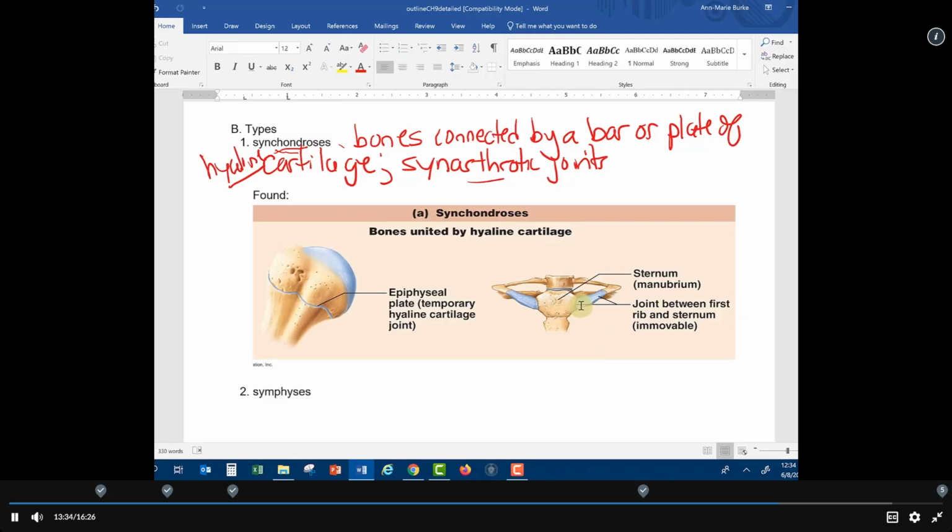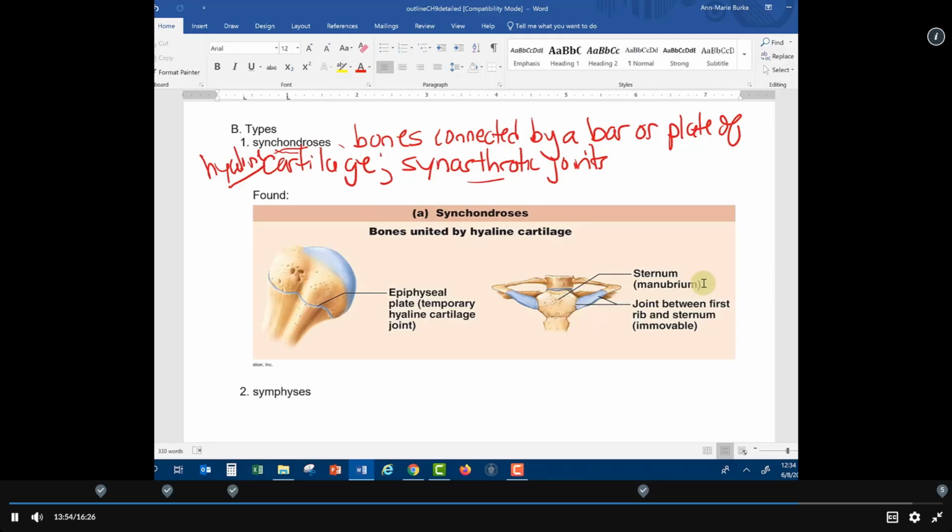Why couldn't they be? So think about, again, the fact that these joints are synarthrotic. If you sit and take a big breath right now, the biggest breath you can, you will notice that your ribs move up and out. And this couldn't happen if the joint here was a cartilaginous joint, because it would be immovable.